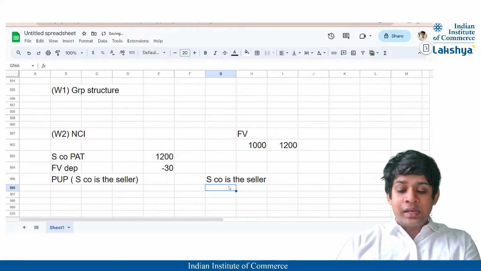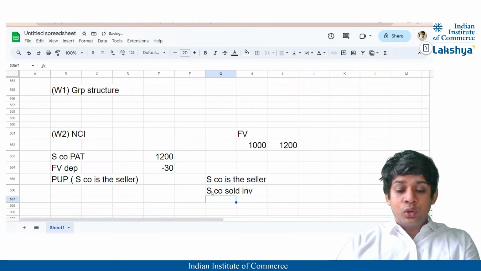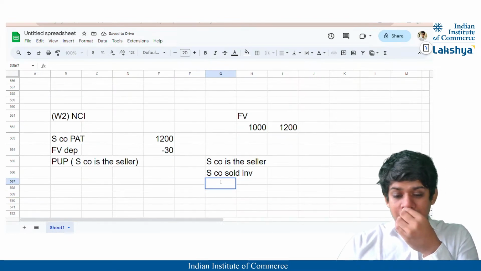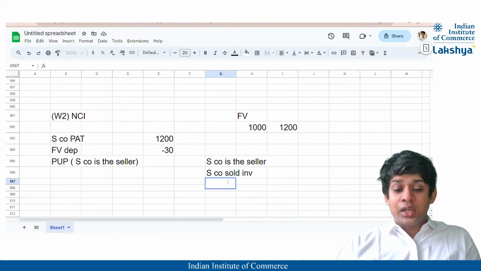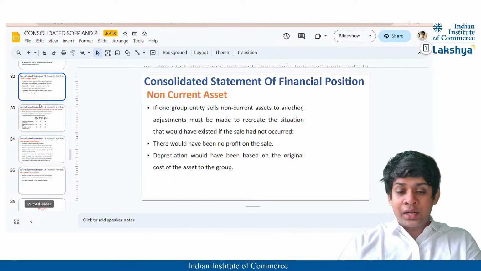Why? Because, for example, the subsidiary company has sold goods or inventory having a markup or margin. Then what is the journal entry that we pass for the subsidiary company selling the inventory? As you have seen earlier, I'll just show you that again.